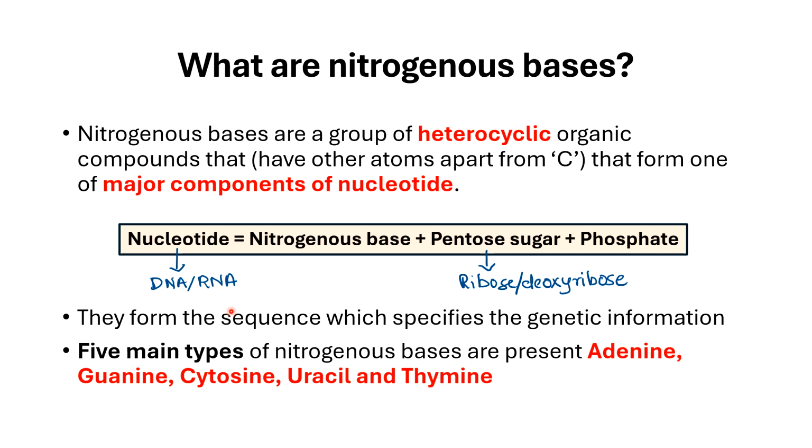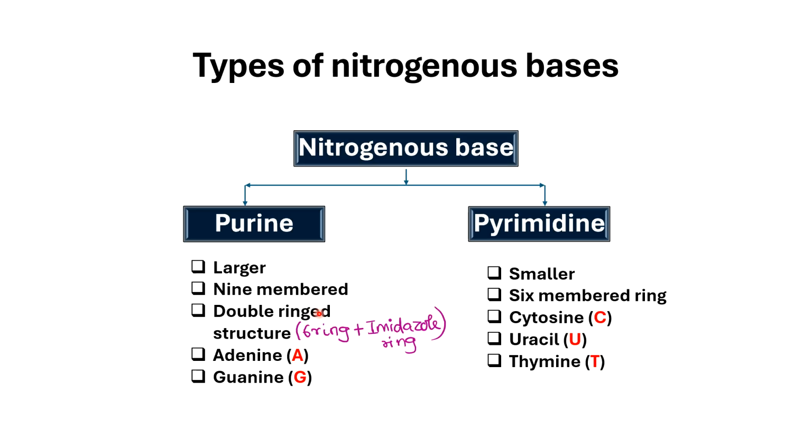If we see, there are 5 important nitrogenous bases, and on the basis of their structure, we can classify these nitrogenous bases into 2 types, purines and pyrimidines. If we look at the structure of purines, they are larger and essentially consist of a 9-membered ring structure.